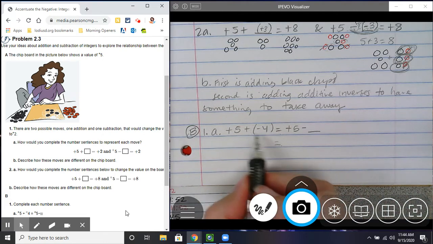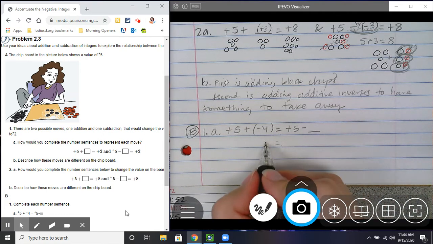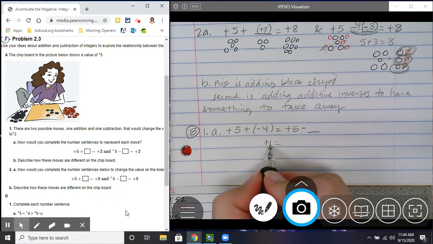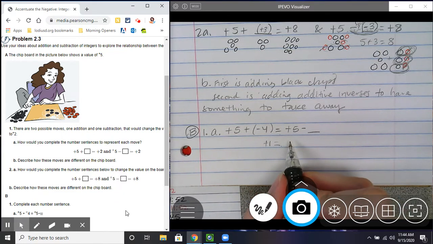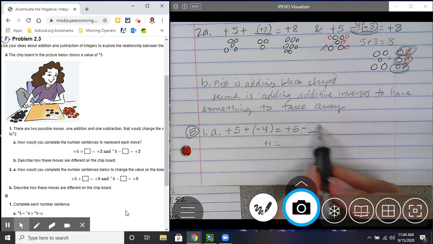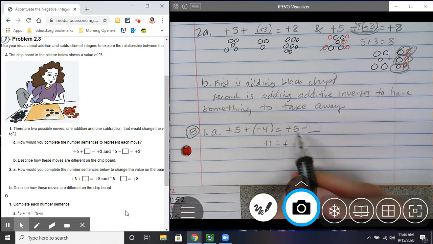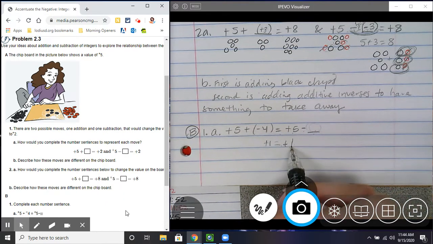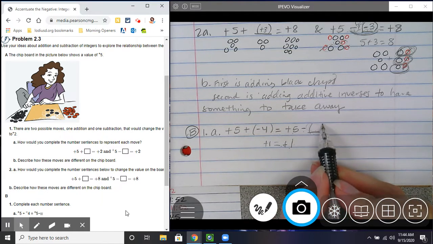So if this would be positive 1, whatever this is would need to change this into a positive 1 as well. So 5 minus what number would equal positive 1? It would be positive 4.